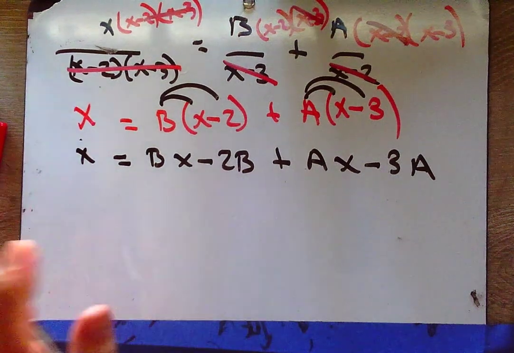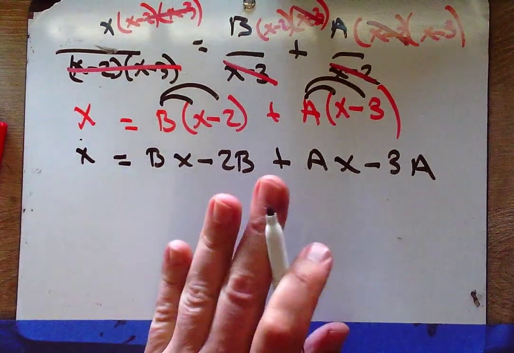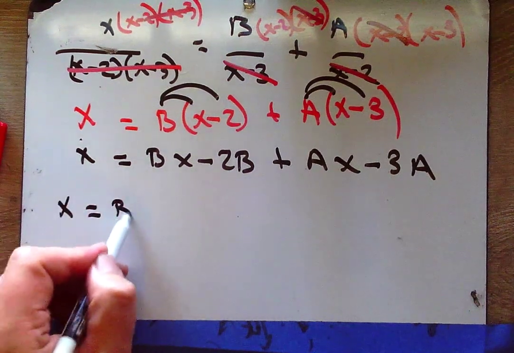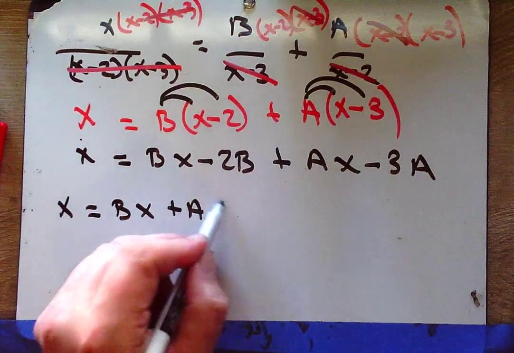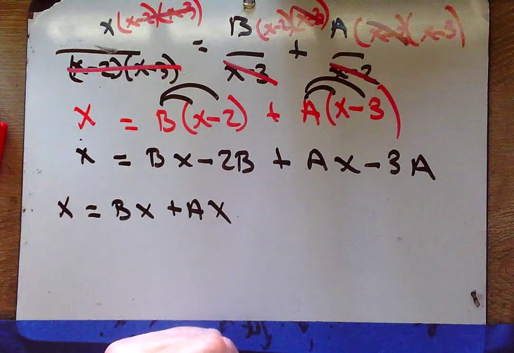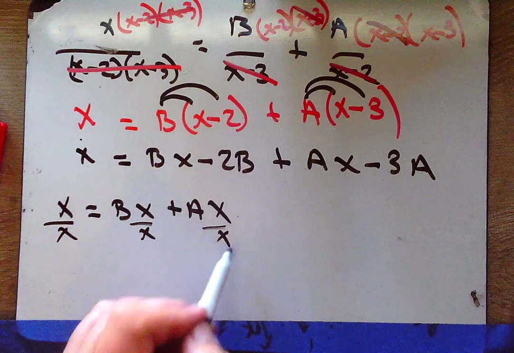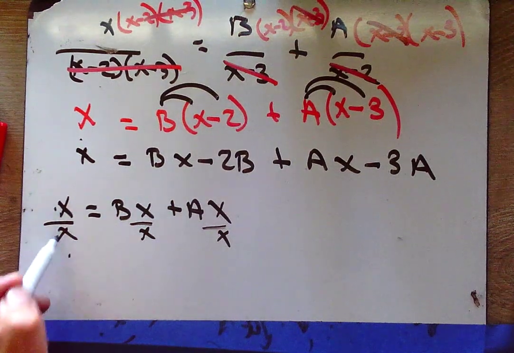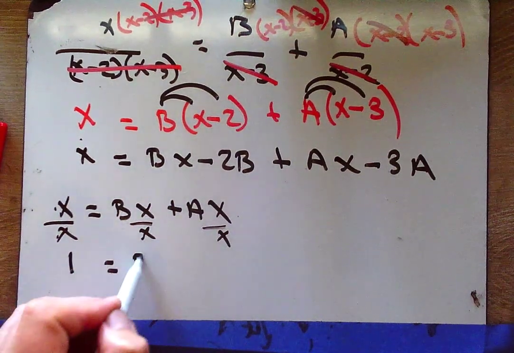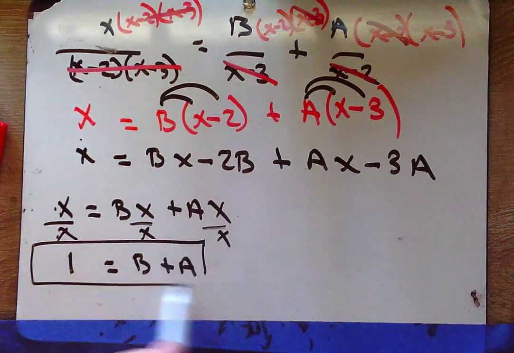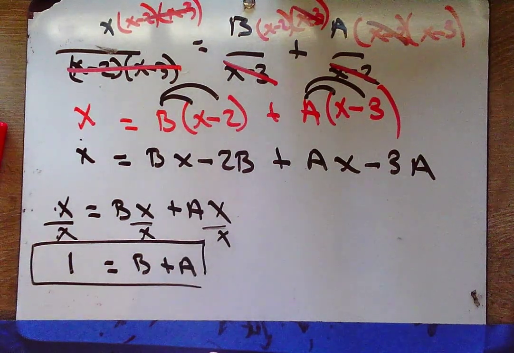I'm going to say that the x stuff on the left needs to equal the x stuff on the right. And I'm going to say x equals bx plus ax. You could even divide everywhere by x and end up with x divided by x, b plus a. And that's one equation in my system.